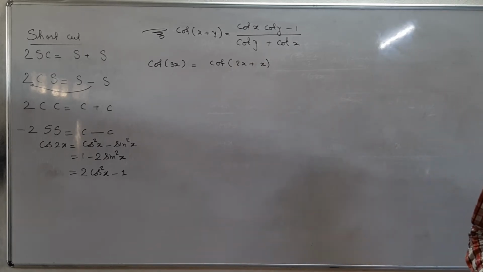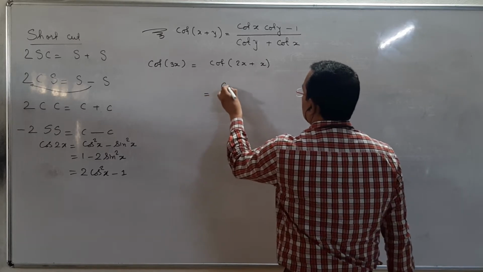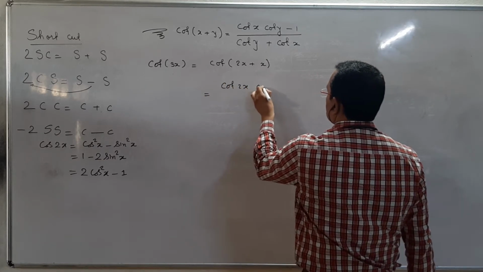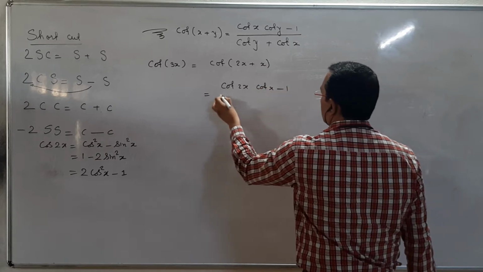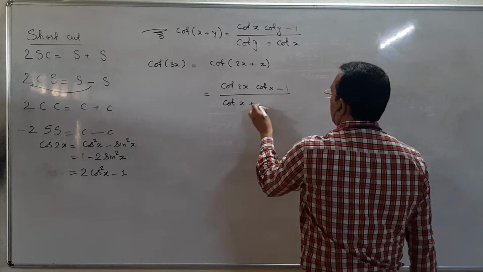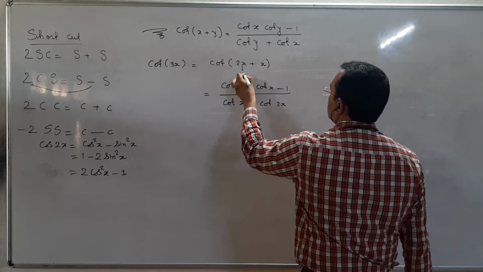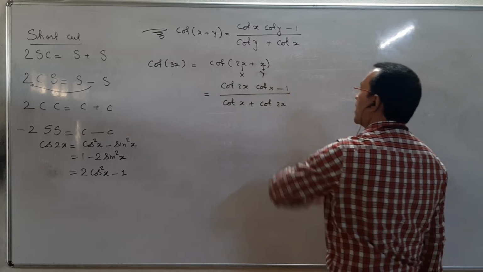And I am applying the formula of cot x plus y. So this is equal to cot 2x cot x minus 1 upon cot x plus cot of 2x. This is our x and this is our y.